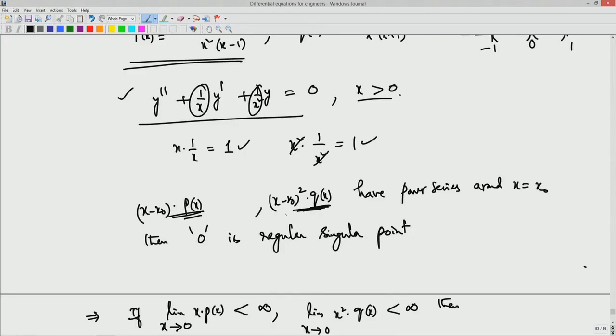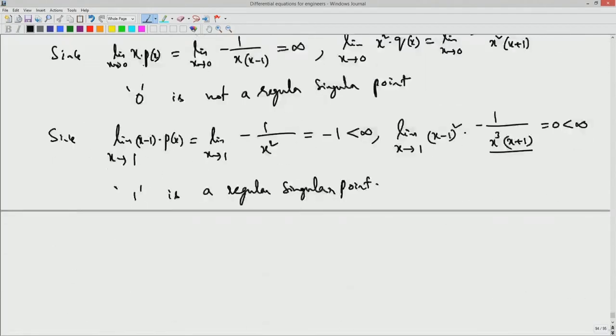So negative powers cannot go beyond minus 1 for p(x) and minus 2 for q(x). Then you say x naught is a regular singular point. This is in general what we see. If you put x naught equal to 0, that is what we have seen for the Euler-Cauchy equation.